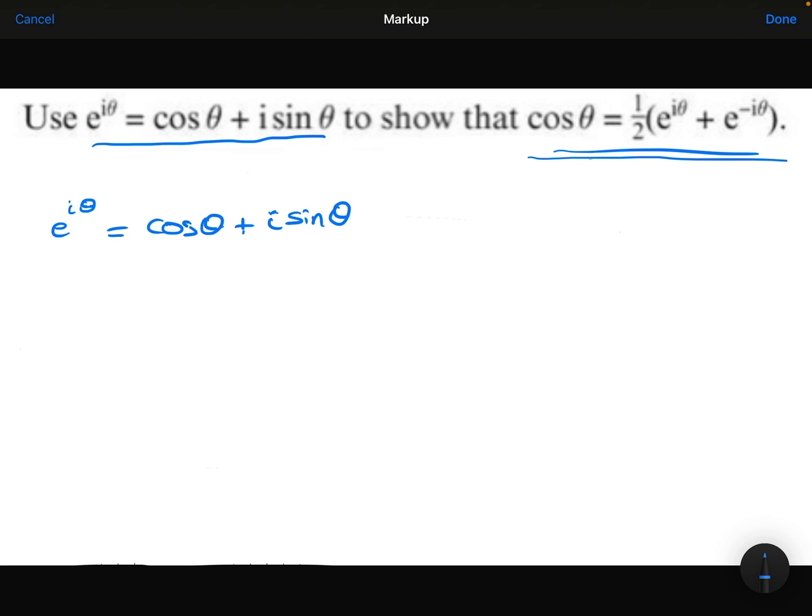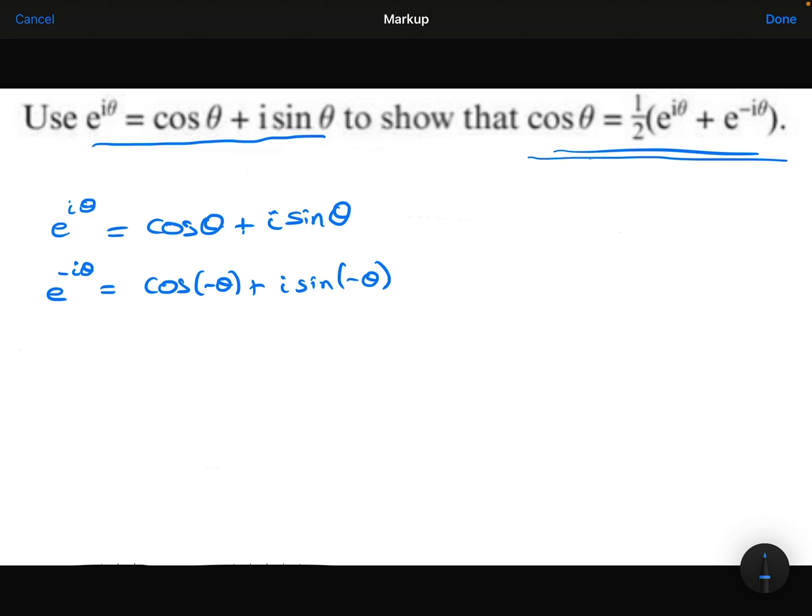I am now going to write down the same result, but with a minus theta instead of a plus theta. So that will give me e to the minus i theta equals cos minus theta plus i sine minus theta.